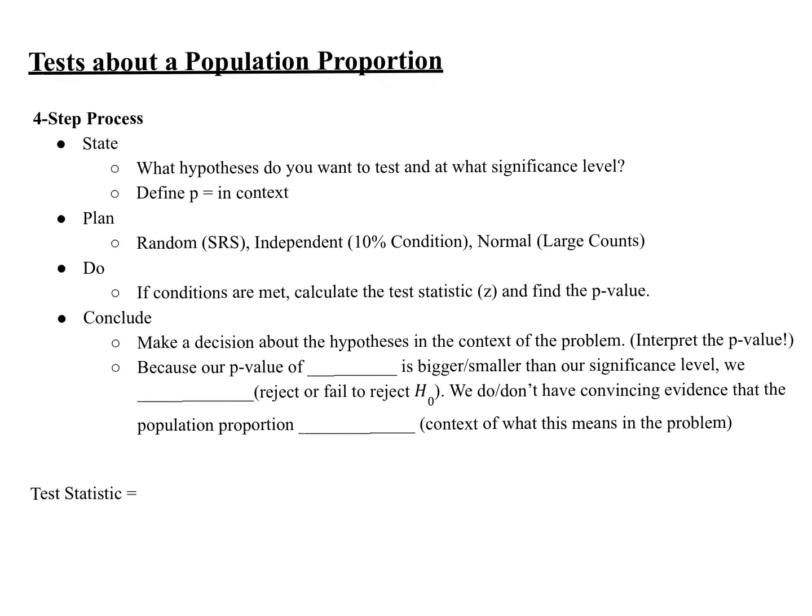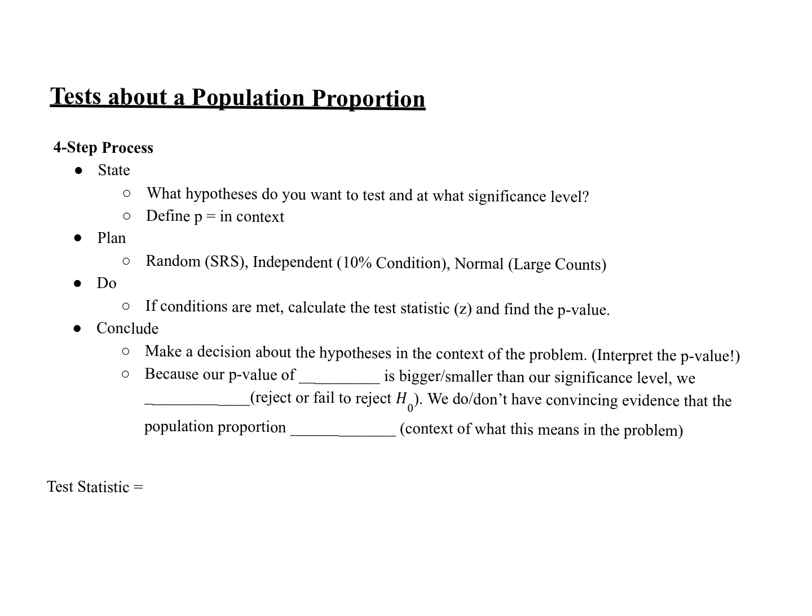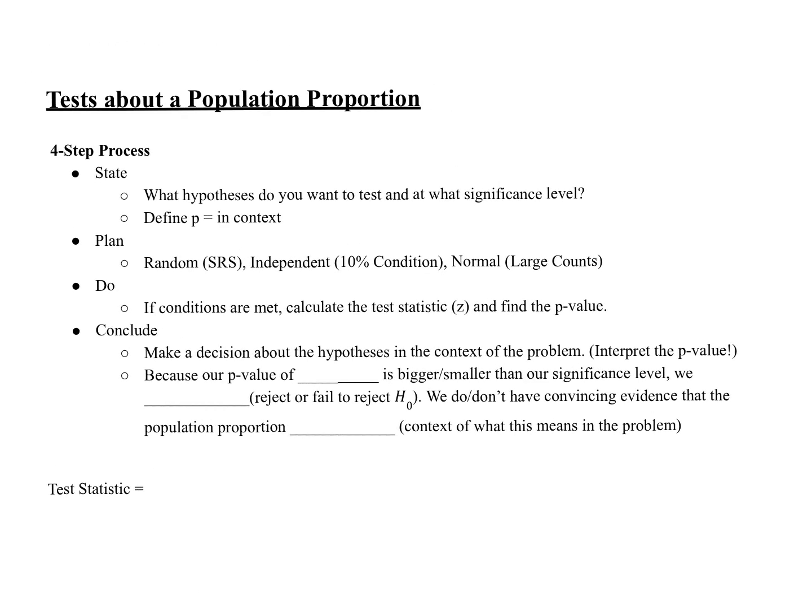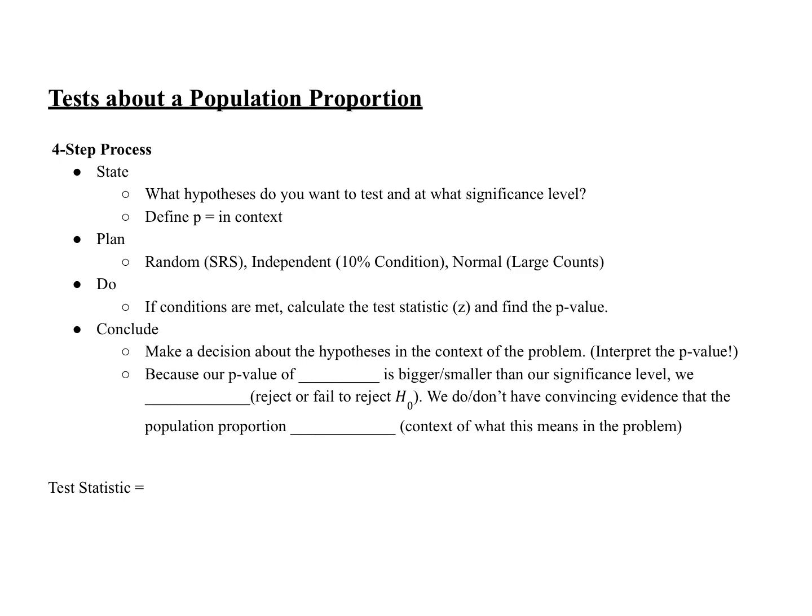So just like sampling distributions and confidence intervals, when we are performing a significance test, we have to follow our four-step process. The first thing you want to do is state your null and alternative hypotheses. That way you know what you're trying to find evidence in favor of.